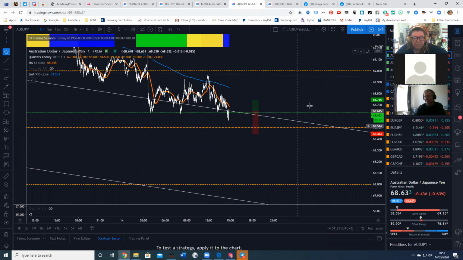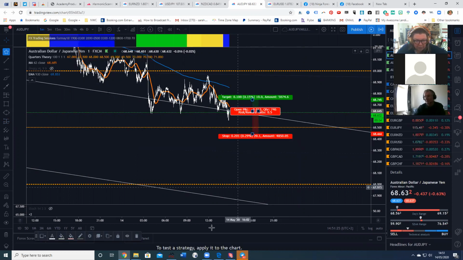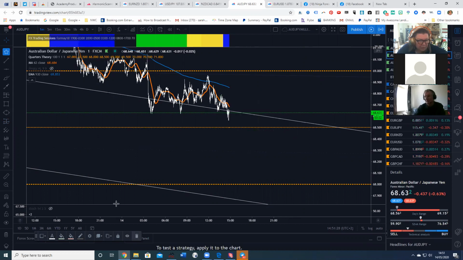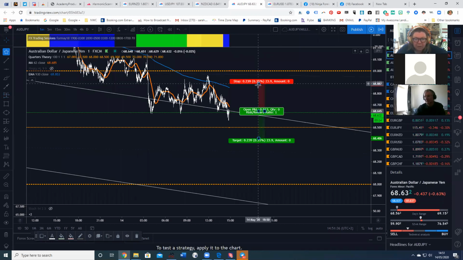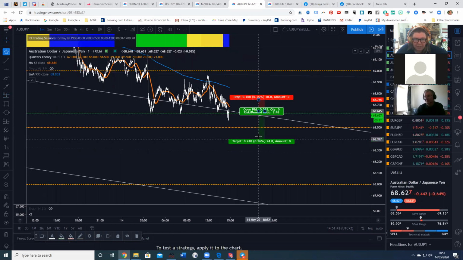There. Oh God, I'm sorry. It's because TradingView's completely thrown me with change. I don't know why the menu's changed. It did it earlier on when we were right. There's 10 pips down to there.